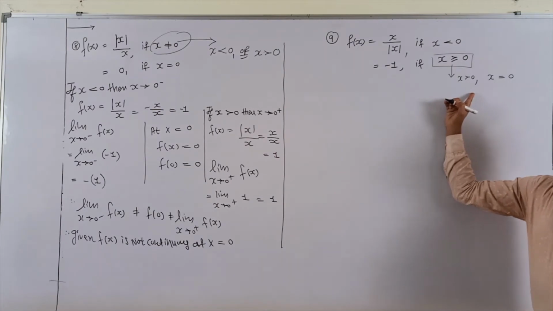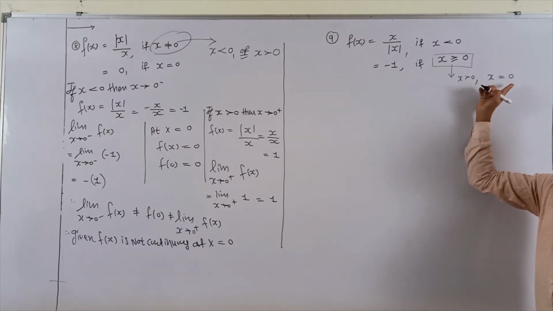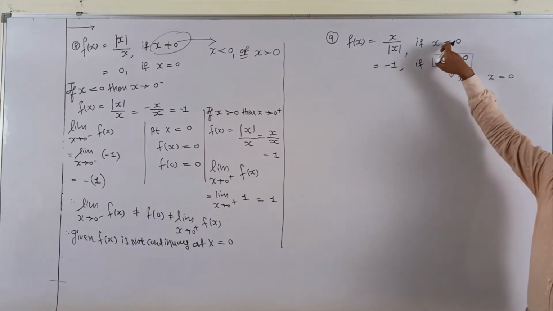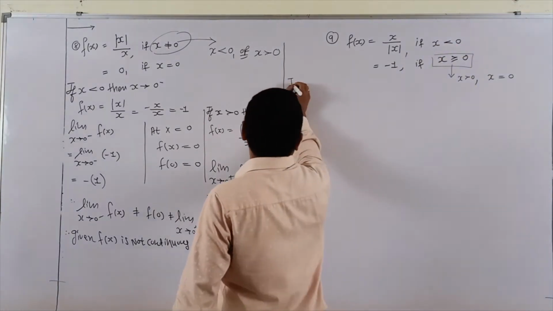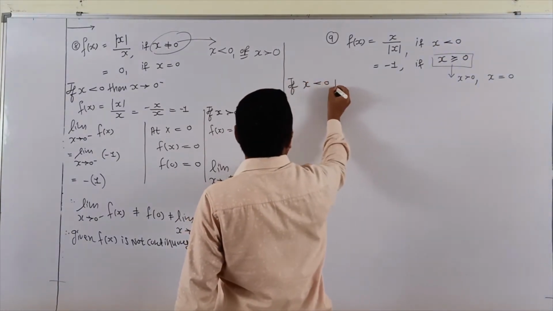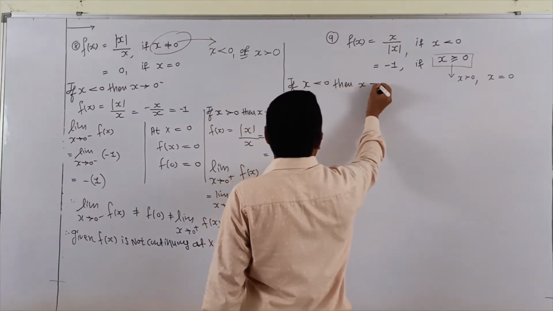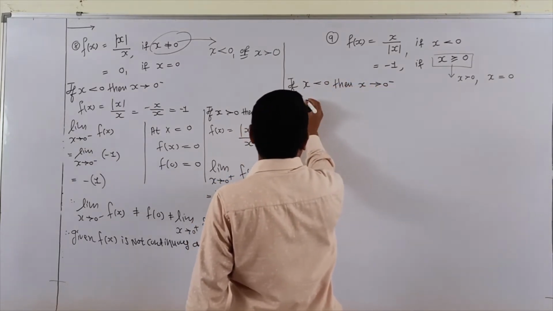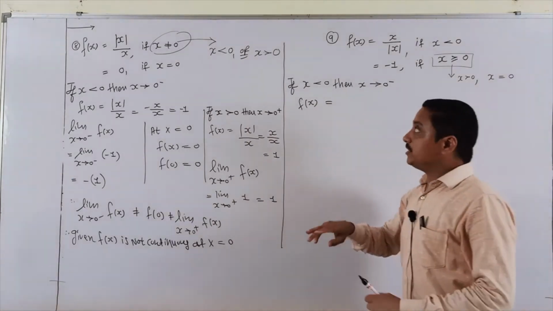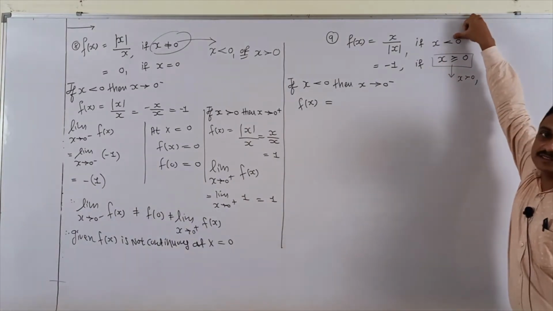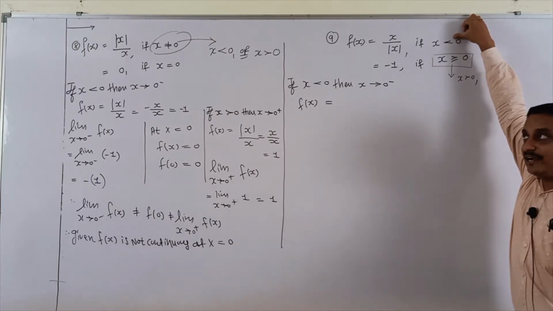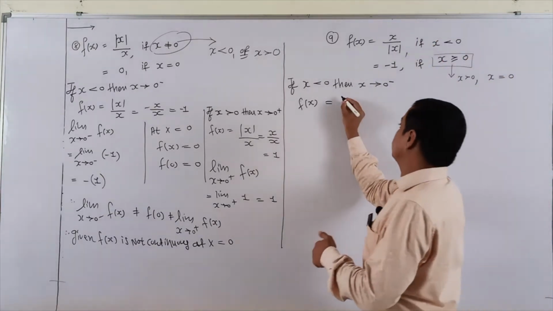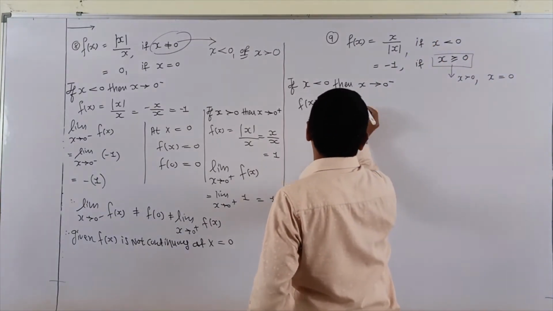So here apply our conditions: greater than 0 and equal to 0, and here only x less than 0. So three cases again. If x is less than 0, then x tends to 0 from the negative side. What is the function? Yes, this function I need. Given that x is less than 0, the left hand side limit of x upon mod x.